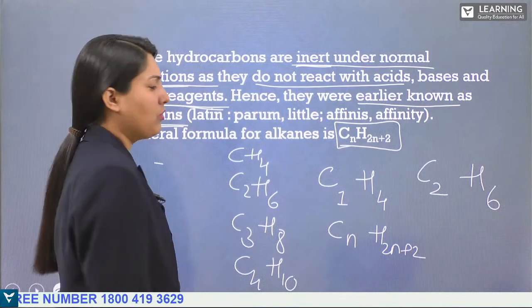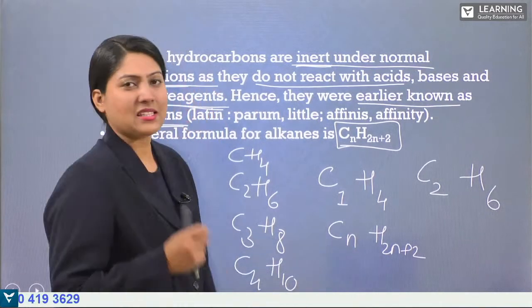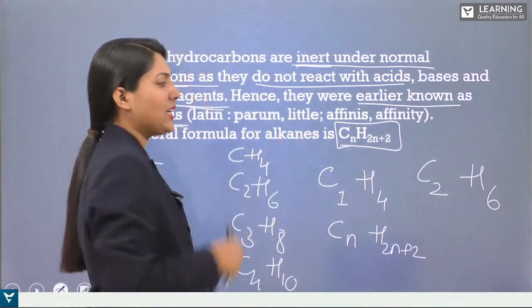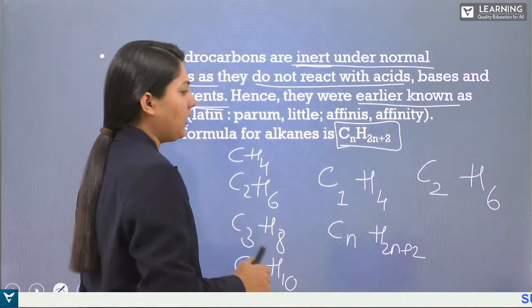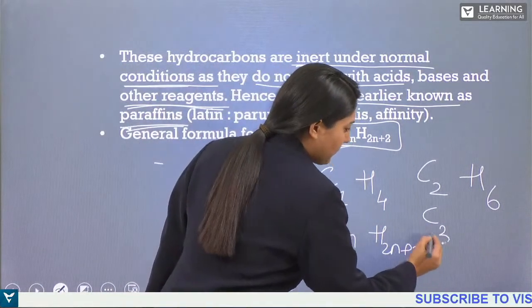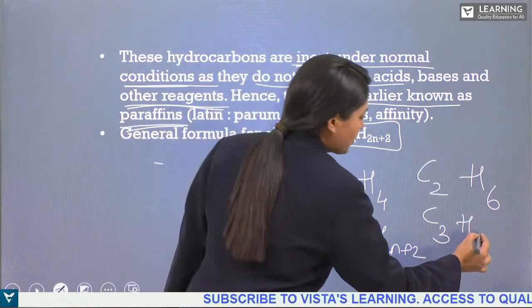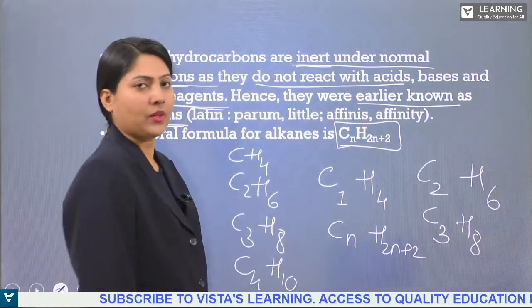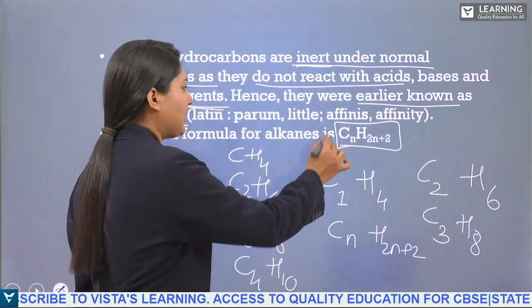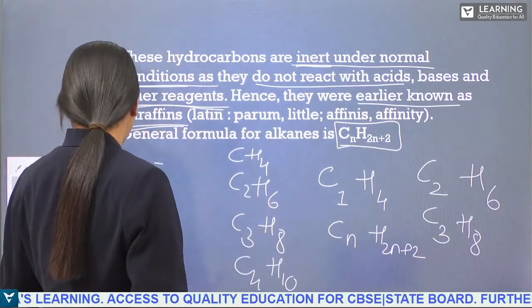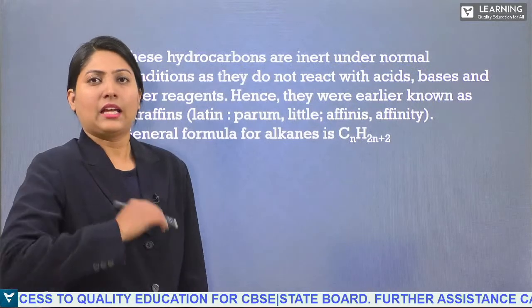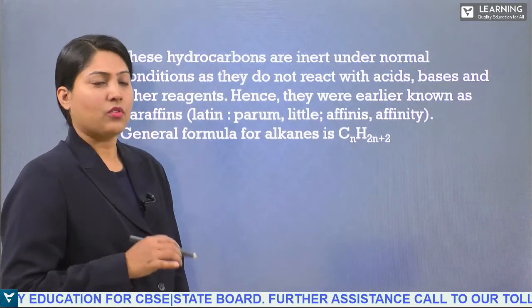So I get the formula C2H6. For propane, if I take C3, H will be 3 twos are 6, 6 plus 2, 8. Got it?